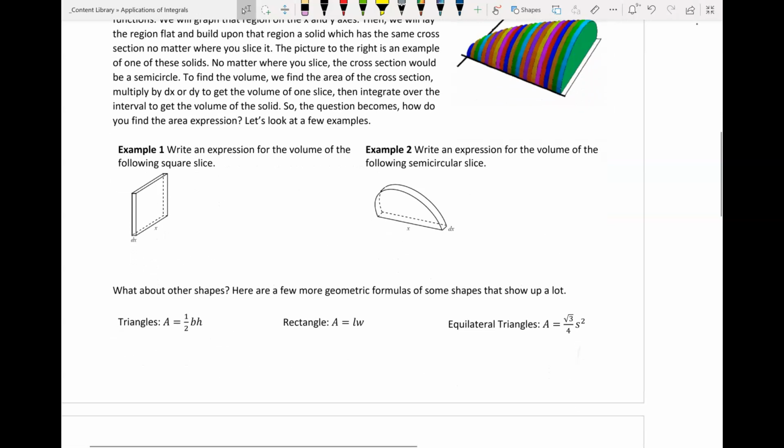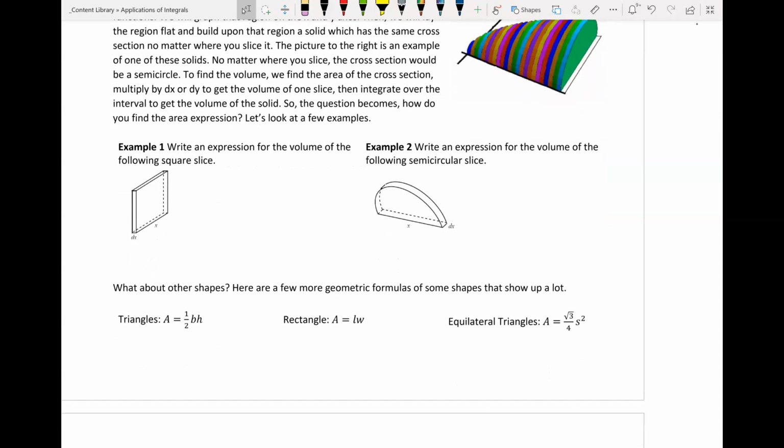Let's look at a few examples first just to give us the idea. We want to find an expression for the volume of the following slices. If we look at the area of the face, we know that a square has area side times side, or in other words, side squared. If I'm given that this is x, that means my height also has to be x.